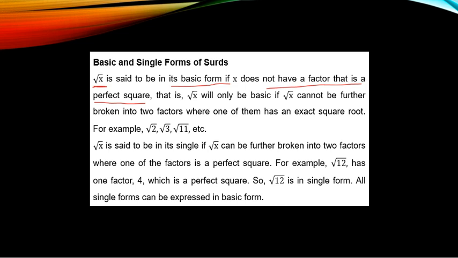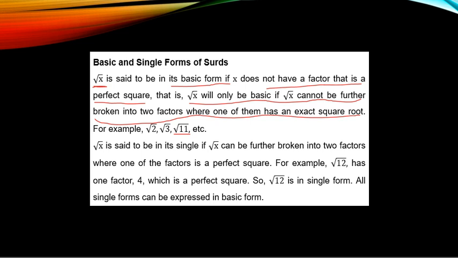That is, root S will only be basic if root S cannot be further broken into two factors where one of them has an exact square root. For example, let's look at root 11. Root 11 has no other factor that is a perfect square. So root 11 is in its basic form. You cannot simplify it further than root 11.